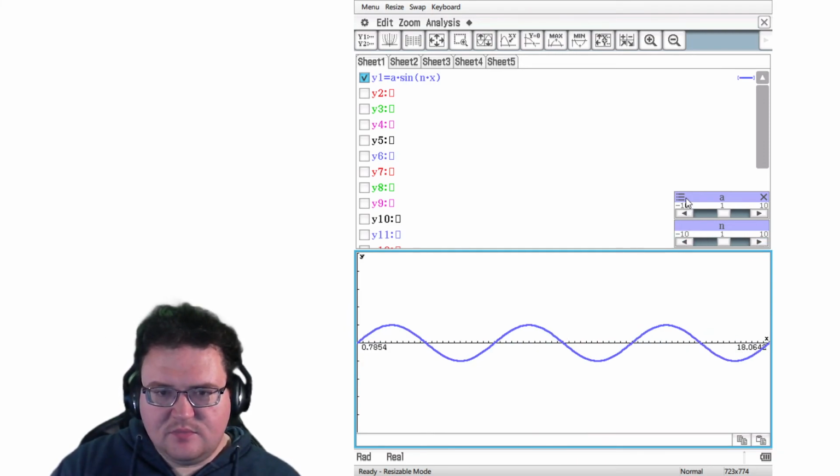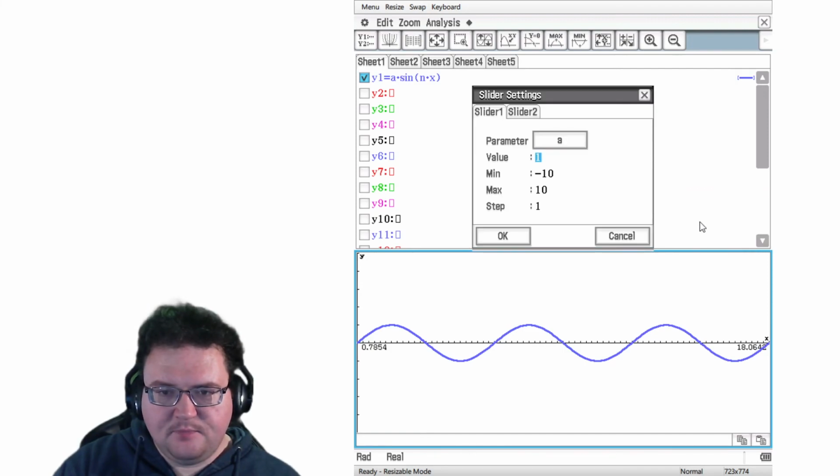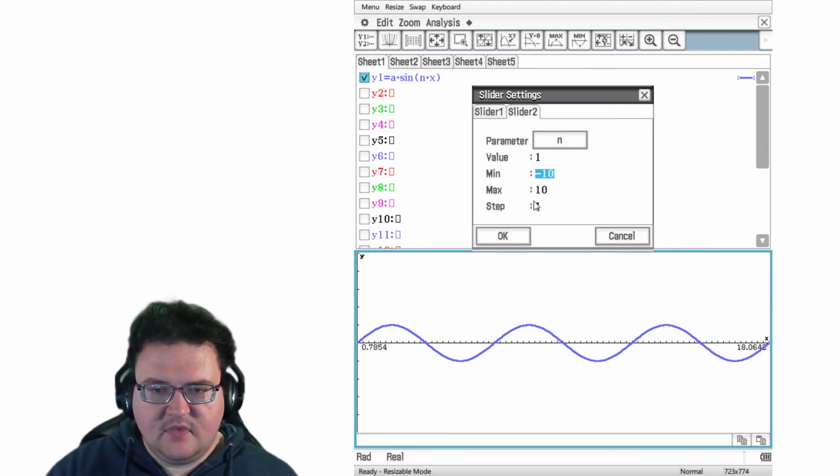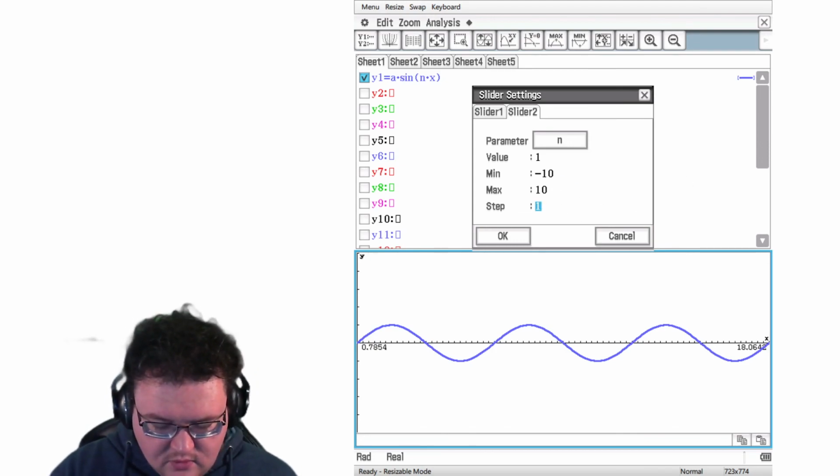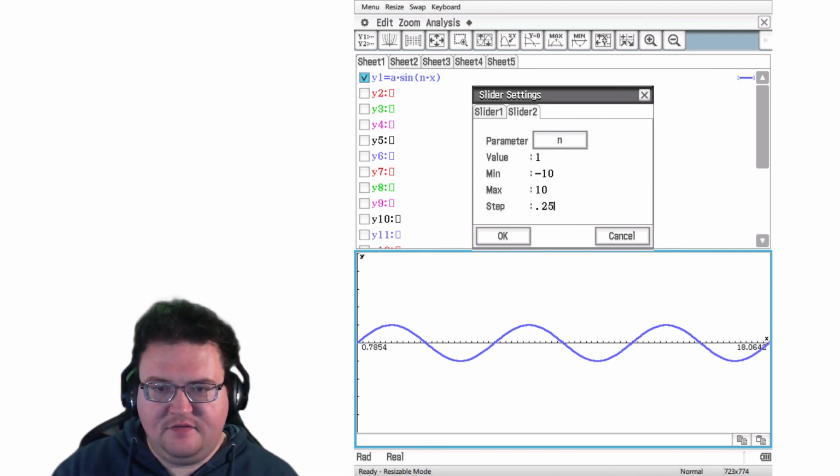Now, to really see what I want you to see, we need to go into settings. We need to move over to slider 2, and we are going to change the step to 0.25.